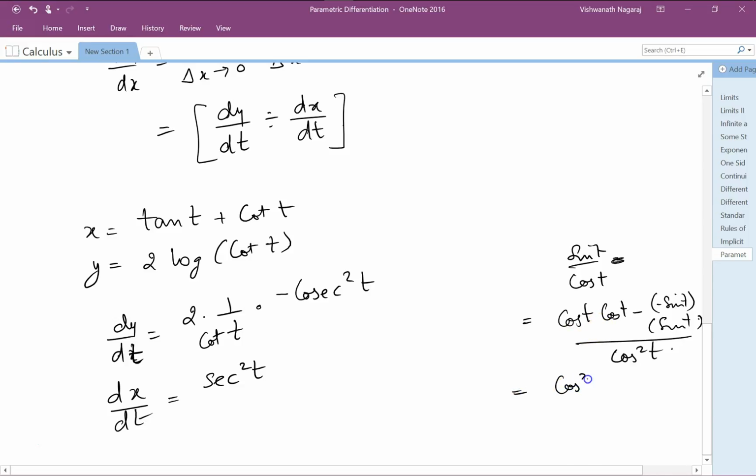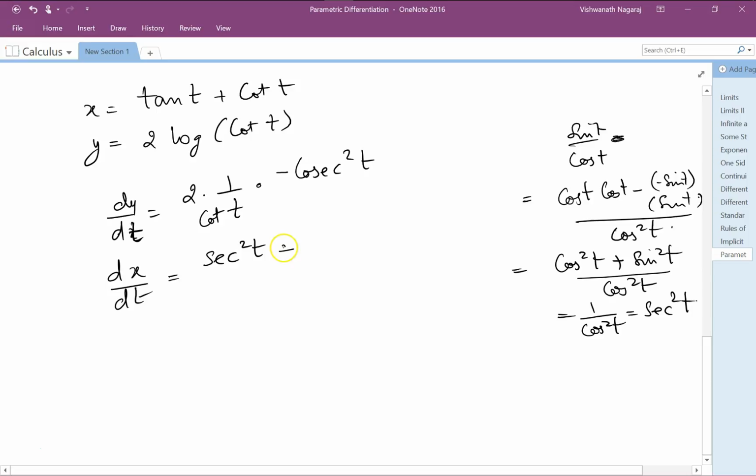This is cos square t plus sin square t by cos square t, which is 1 by cos square t. 1 by cos square t is sec square t. Plus the derivative of cot t, which is minus cosec square t.